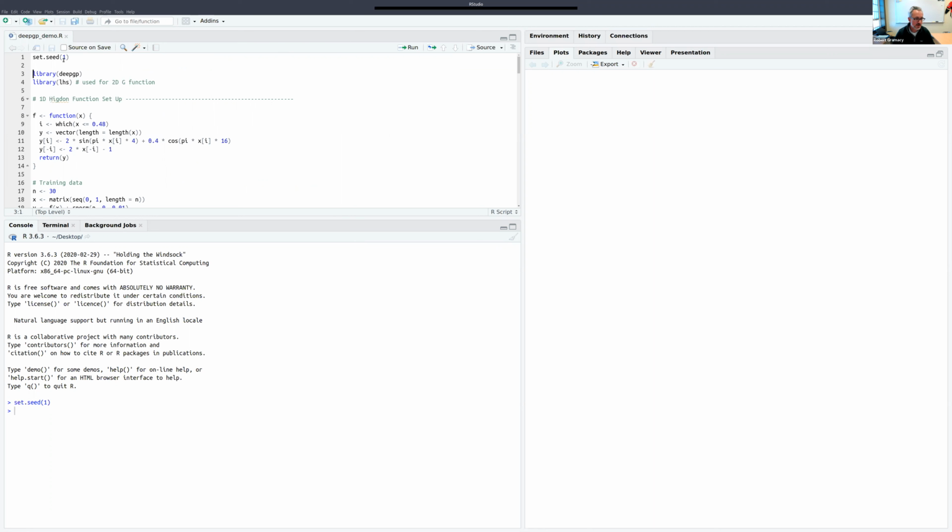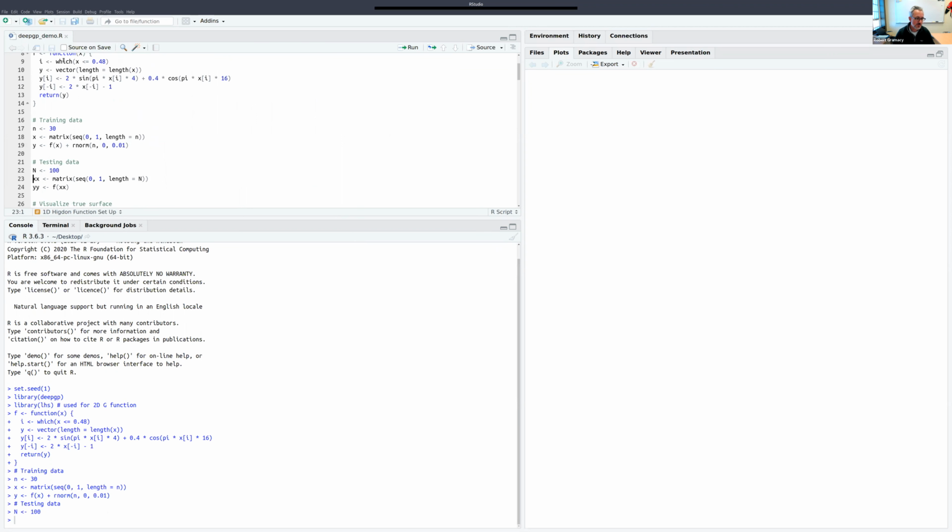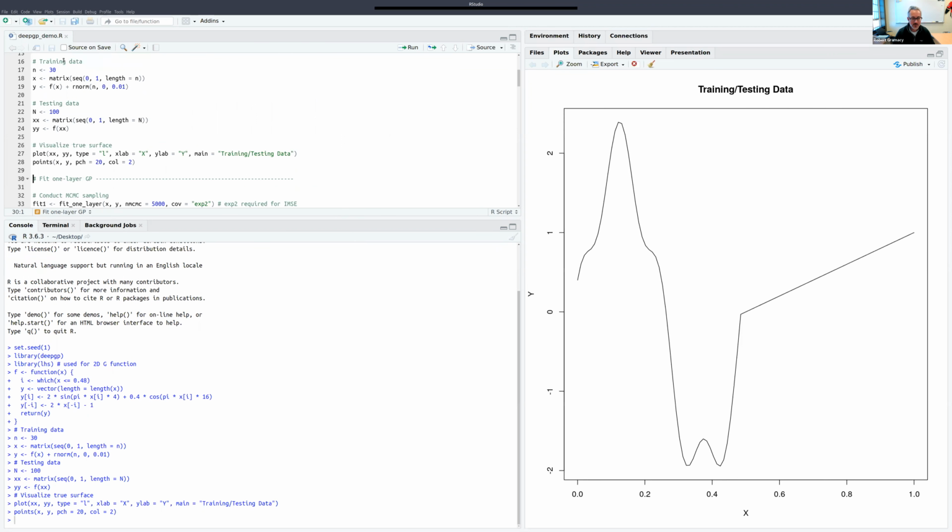The first few lines of code are really just setting up that Higdon function that I showed you. I'm going to quickly go through that and plot it up on the screen. So exactly the same data that I showed you on the slides before.